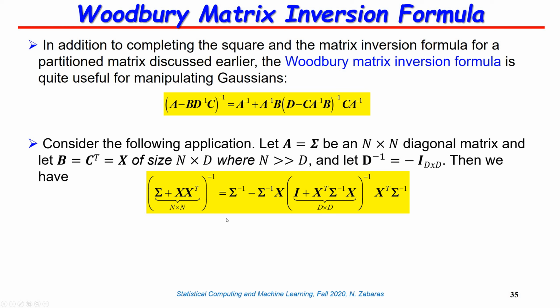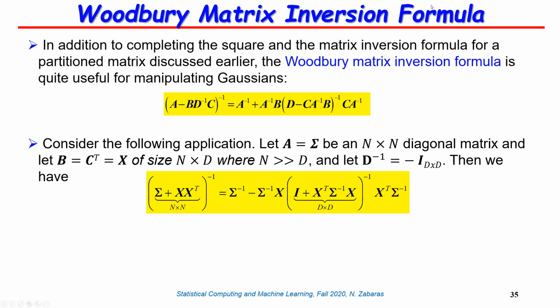Now, I remind you from linear algebra that if you try to invert an n by n matrix, the cost is of the order of n cubed. The cost here is of the order of d cubed. So if, let's say, n is 1,000,000 and d is 1,000, you go from 1,000,000 to the third power to 1,000 to the third power.